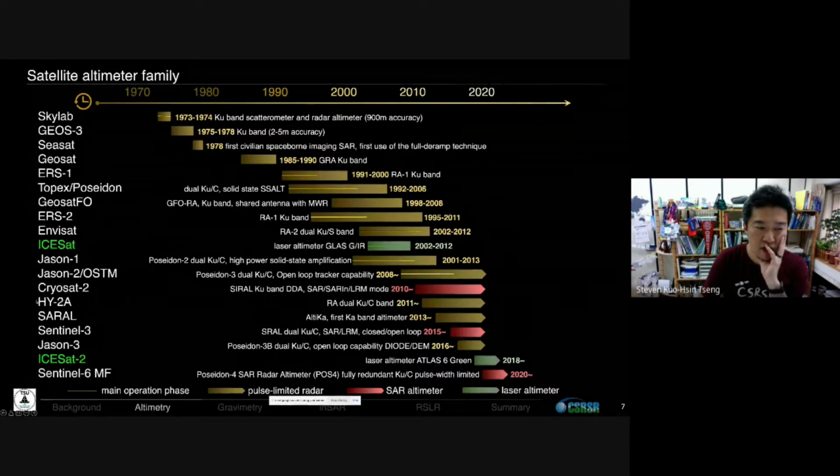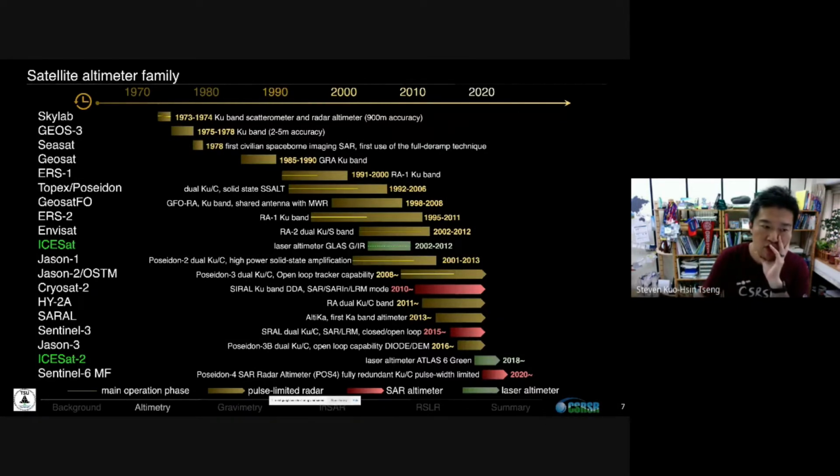CryoSat aims to push the measurement limit toward the coastline, because before CryoSat-2, all these pulse-limited radars used a big footprint of radar signal.